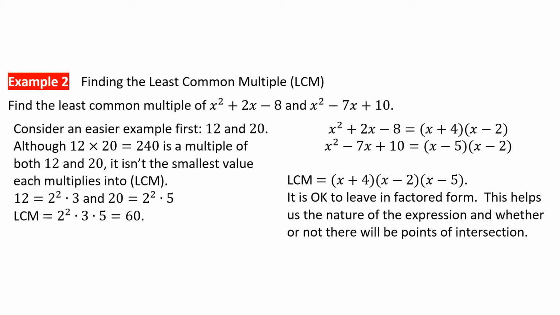If we leave this in factored form, if this is going to become our denominator, there's going to be points of discontinuity at -4, +2, and +5. If this happens to be in our numerator, we might have x-intercepts at -4, +2, and +5. So there's reason why we would want to multiply them together, but there's also good justification for leaving them in factored form.